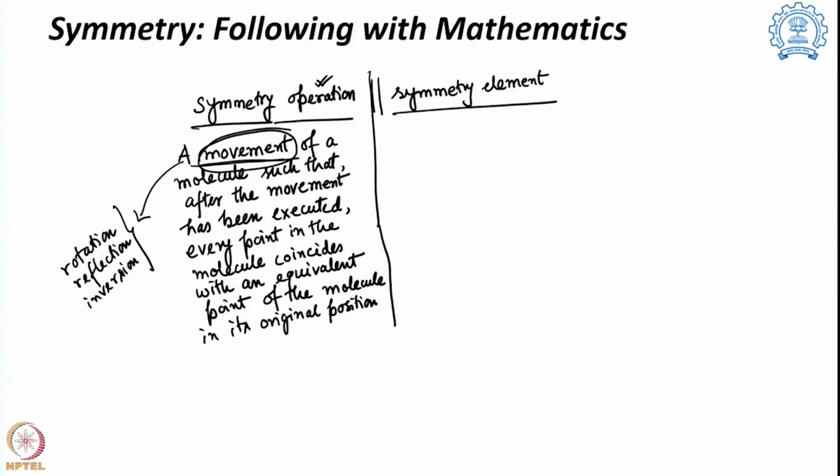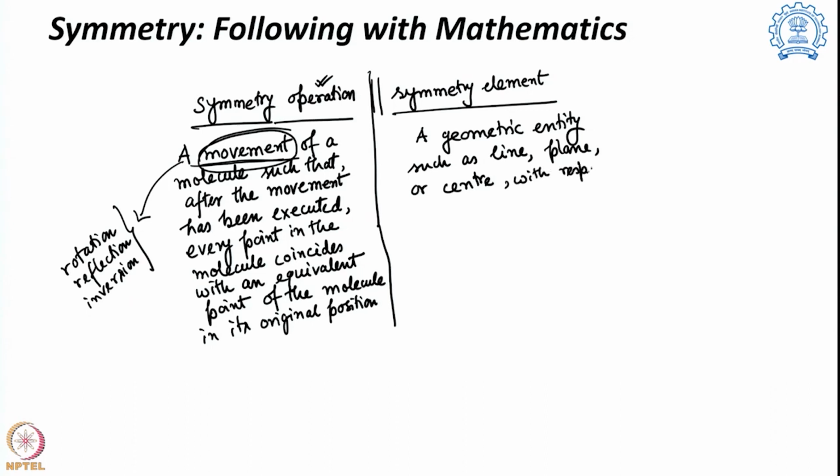What is the symmetry element? A symmetry element is a geometric entity such as a line, plane or center, with respect to which one of the symmetry operations is performed.